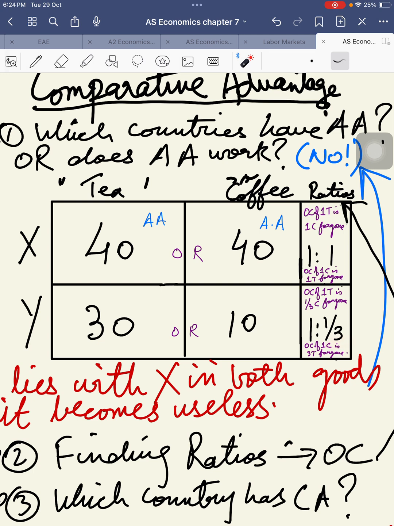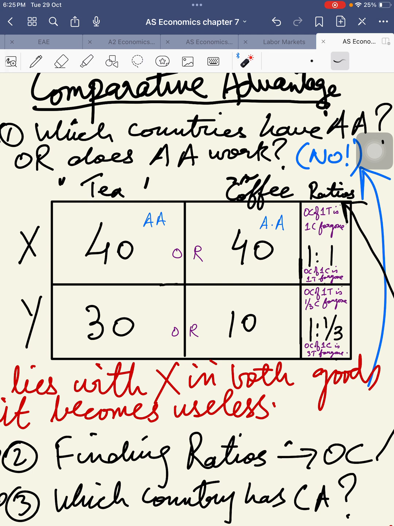So we can easily see that the lesser opportunity cost of producing tea is with country Y. Country Y is able to produce tea at a lesser opportunity cost compared to country X. Country Y's opportunity cost of one tea is just 1/3 coffee forgone, while country X's is one coffee forgone, which is a slightly larger number.